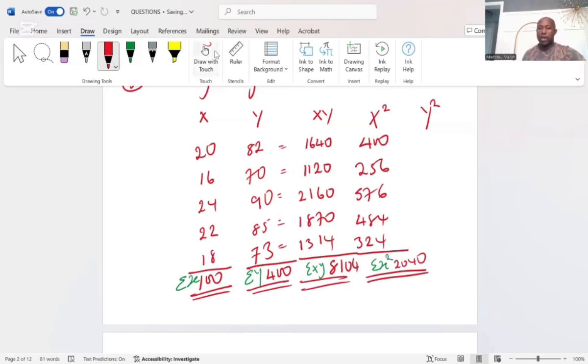And finally, y square. We don't need y square for now for the regression analysis, but we need y square for the strength of the relation. So let's just have it now. Okay. Y square is 82 square, 70 square, 90 square, 85 square, and 73 square. This will give me 6724 for the first one. Second one, 4900. Third one, 8100. And the fourth one, 7225. And the last one, which is 73 square, 5329.